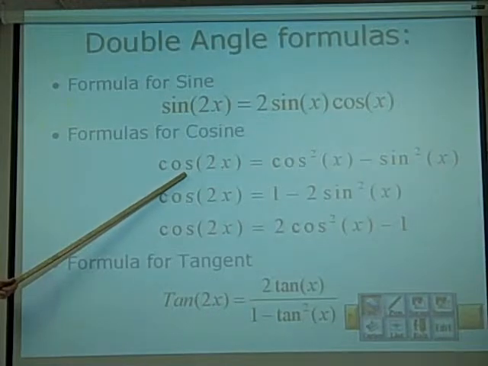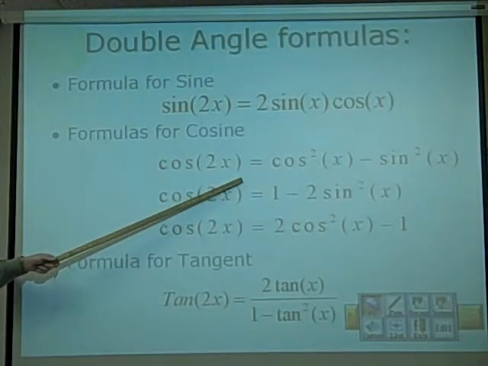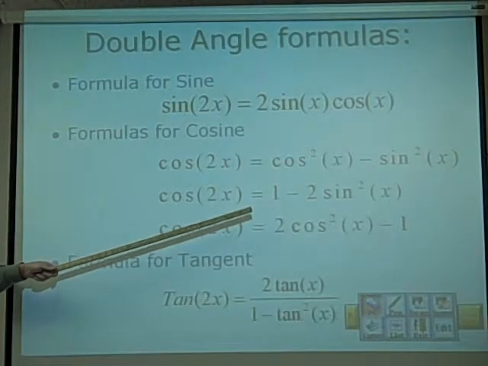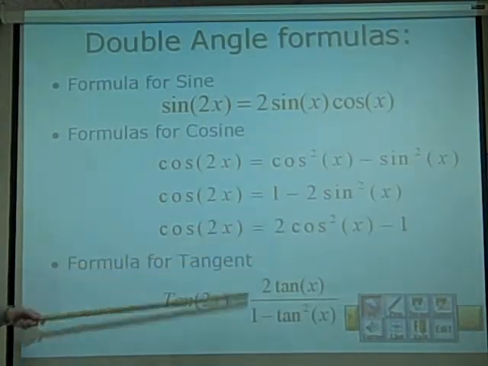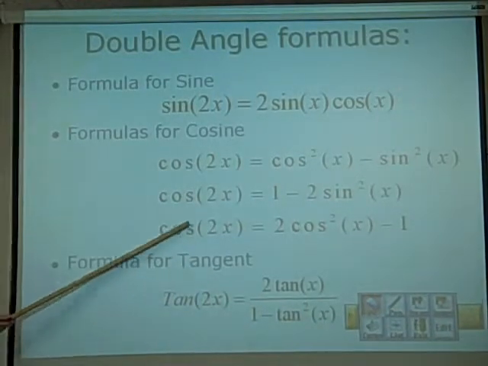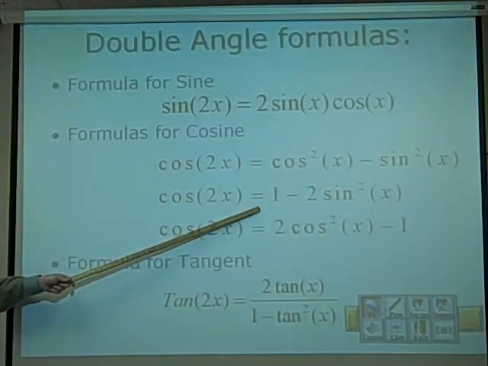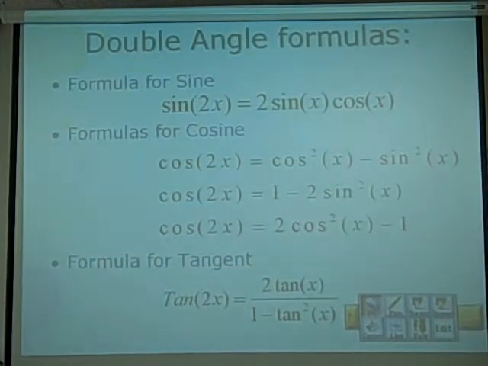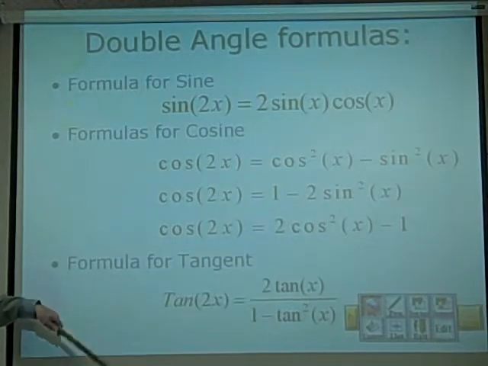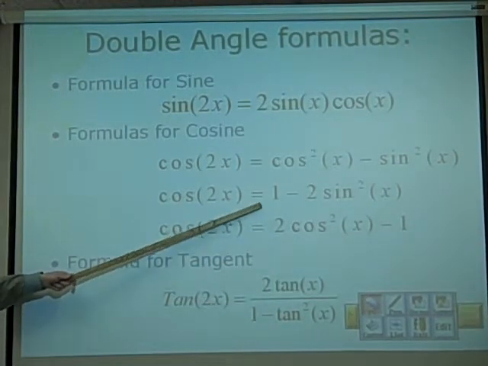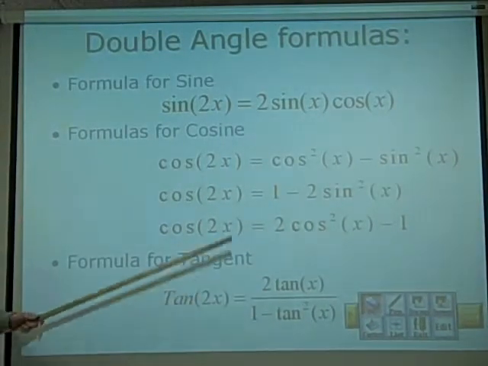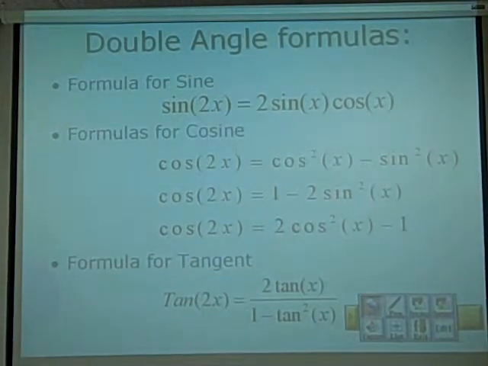So the first one is cosine 2x, and that equals cosine squared x minus sine squared x. So here you're going to square your value for whatever your angle is. Next you have 1 minus 2 sine squared x, and then the other one is 2 cosine squared x minus 1. One of them is sine, the other one's cosine.